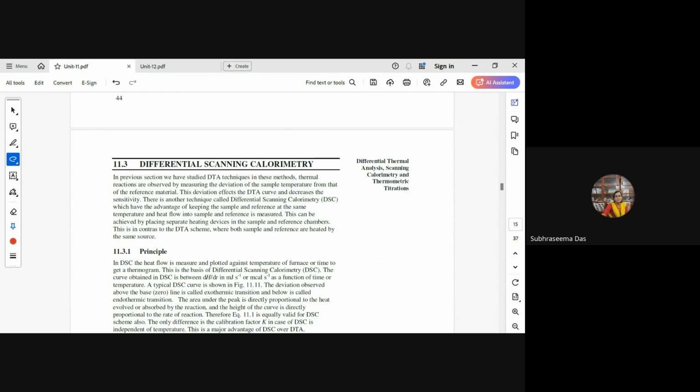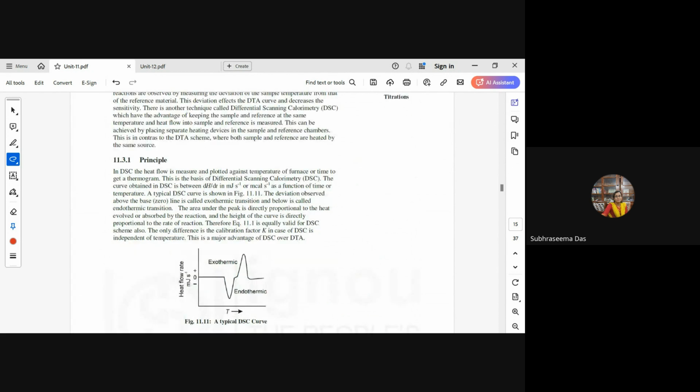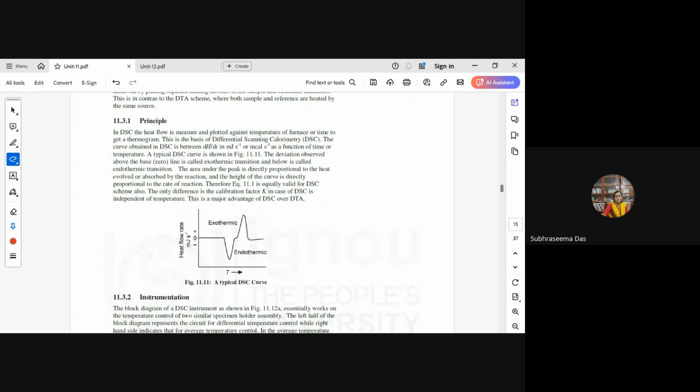In the typical curve of a DSC shown in figure 11.11, we can find that DSC measures the heat flow, that is delta H versus T, in a reaction. If we look into the working principle of a DSC, the heat flow is measured and plotted against temperature or time to get a thermogram.